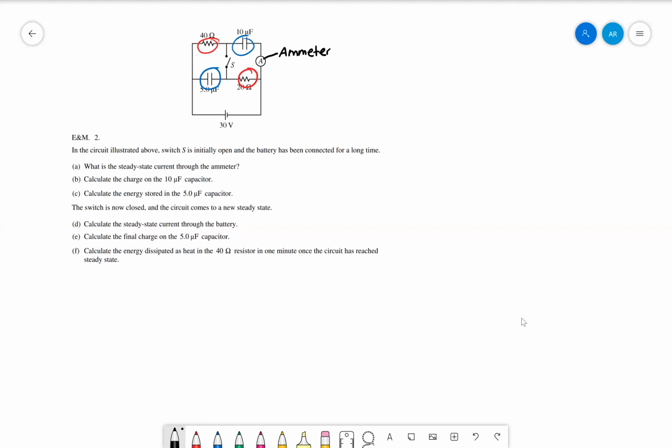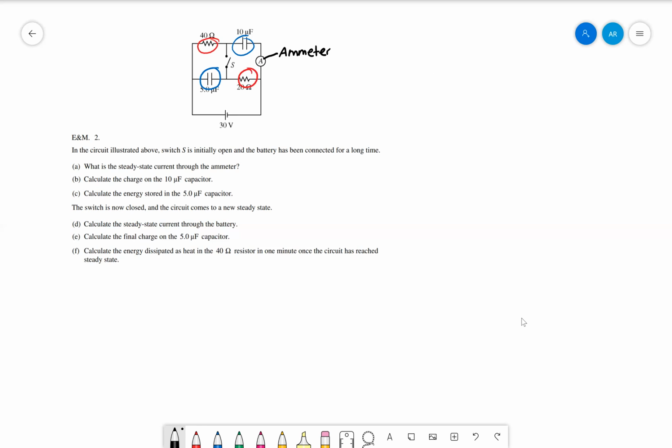Okay, so one thing I like to do is, when you're at a steady state after a long time, because a capacitor is not able to take in more charge, you can treat the capacitors like open sections, like a gap in the circuit, because it won't let any more charge through.